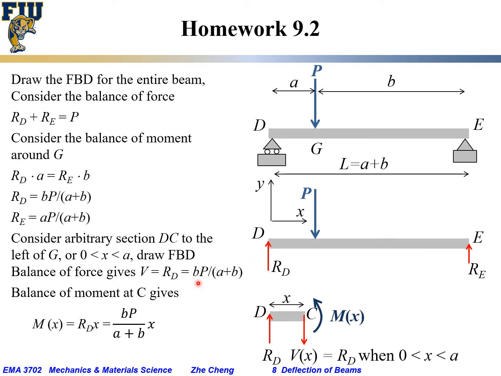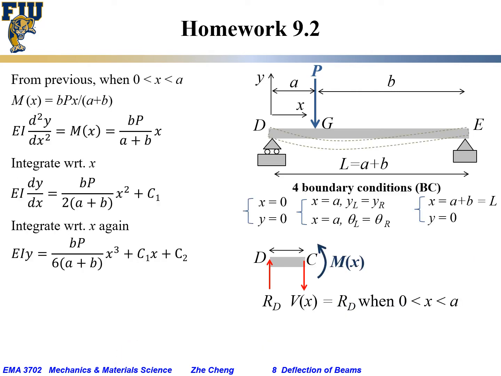It's the same, BP over A plus B, times x. Okay, so we know the internal shear and the internal bending moment. Now we know the internal bending moment when we make a cut between D and G, when x is from 0 all the way to A, to the left of P.